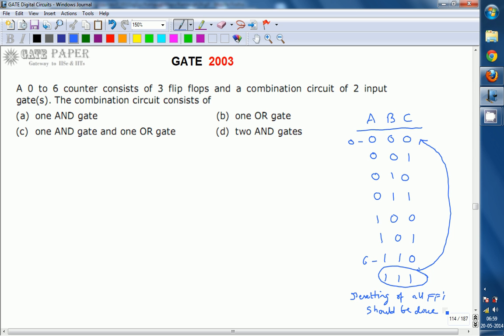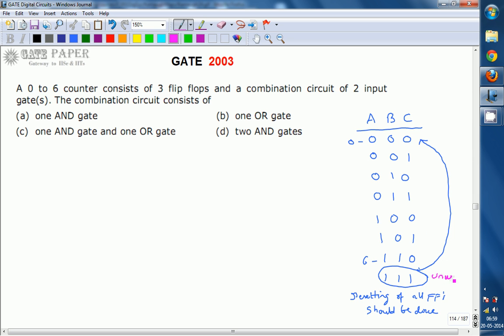Resetting of all flip-flops implies the reset input. Every flip-flop has 2 asynchronous inputs: one is preset, the other is reset. So the reset input has to be activated whenever the counter tries to move towards the 1, 1, 1 state, which is the unused state.